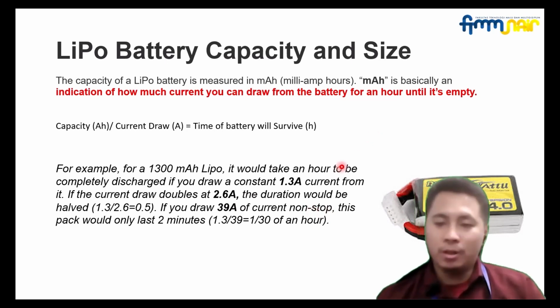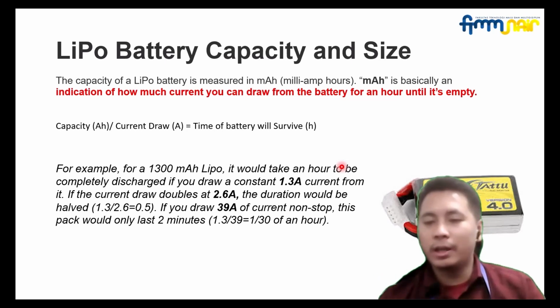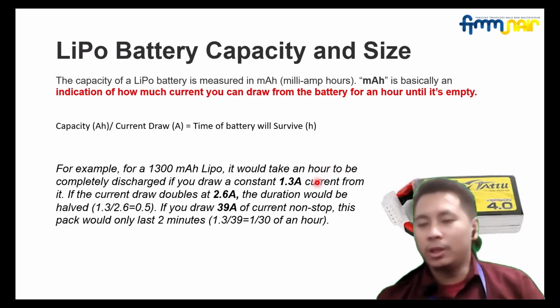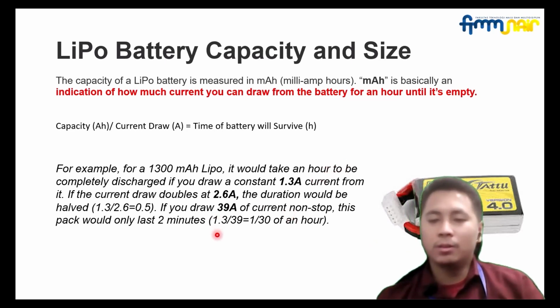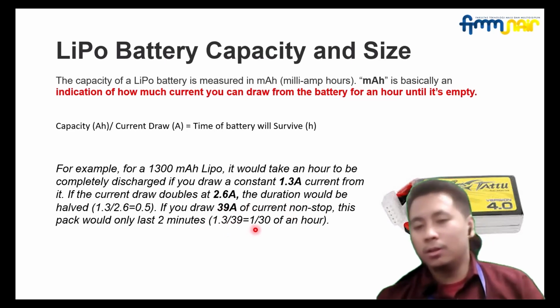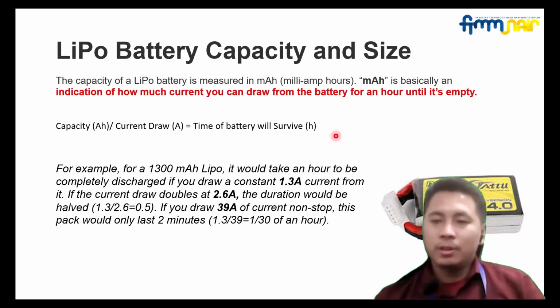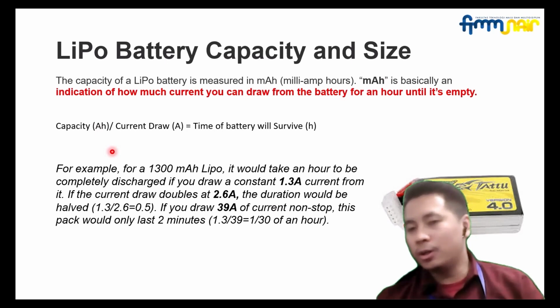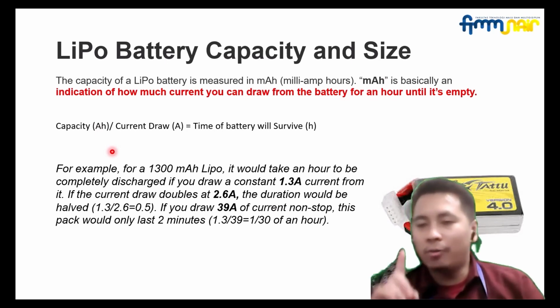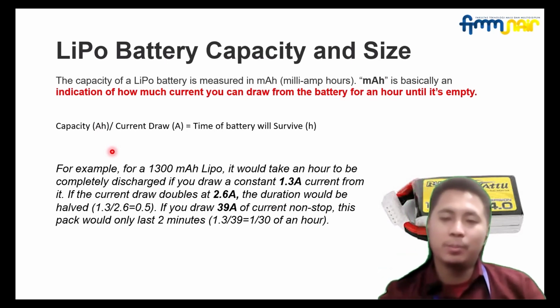If all of the motors draw 39 amperes non-stop with a 1300 milliampere LiPo, you only get 1.3 per 39, about 1 per 30 of an hour. It's only 2 minutes. The milliampere hour is basically an indication of how much current you can draw from the battery for an hour until it's empty. That is the key point.